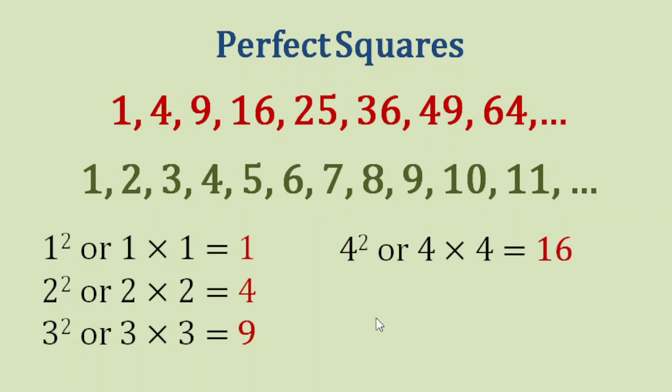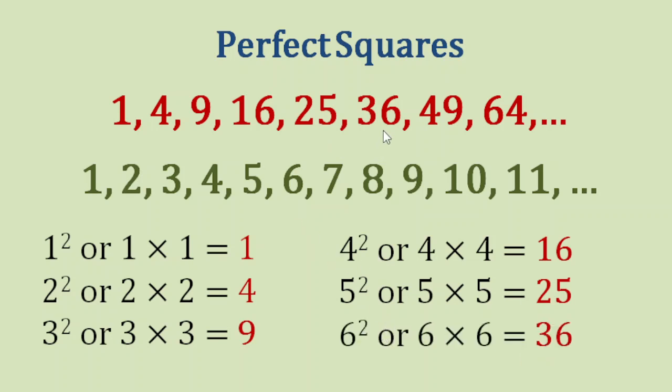If we take 5 and square it, we get 25. If we take 6 and square it, we have 36, and so on. So knowing the perfect squares will help us address the competency we have mentioned so easily.